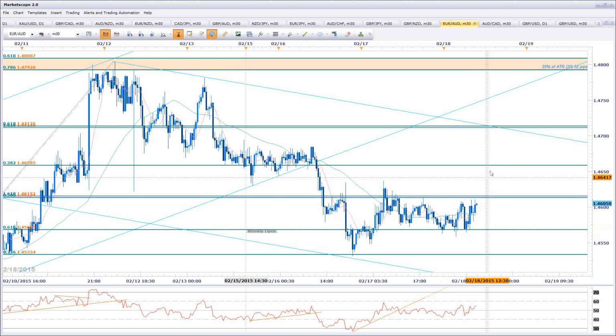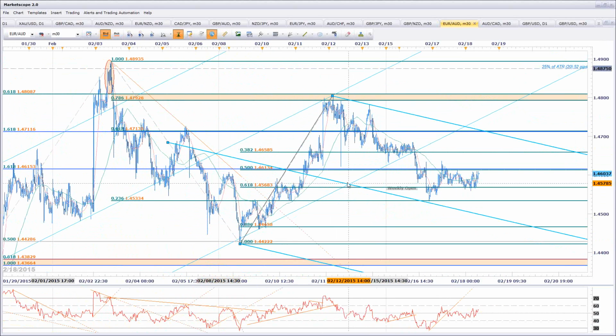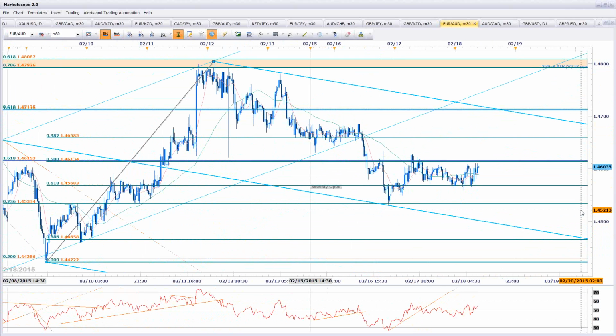If we do see a break here, you're going to look for a test of the opening range low for the week. All right. Also, objectively, it looks like this is a basic tag, okay, of the median line parallel here, which would have us looking higher near term towards this median line. So another interesting pair that might offer some nice plays as we get deeper into the week.